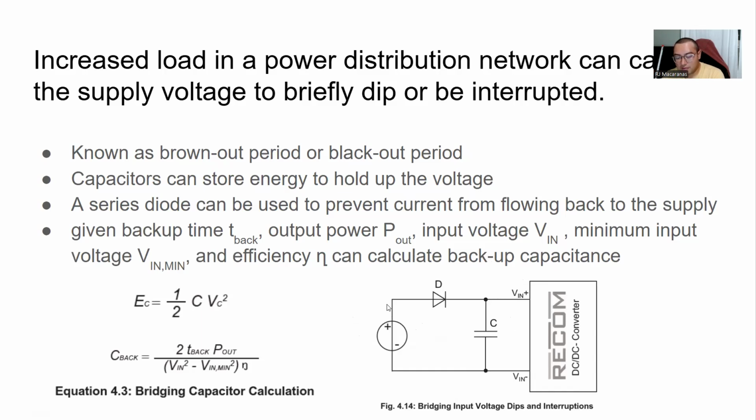But since the source is at 5 volts, current will want to flow from this capacitor node through whatever circuitry you have between the source and the capacitor, and back into the source. But if we have our diode here, it will block that reverse current, which could discharge our capacitor too fast.